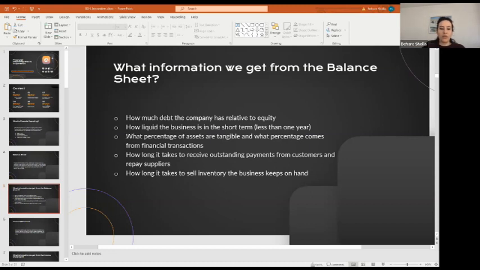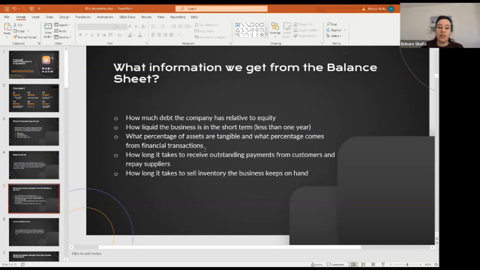Another important piece of information that we can get from the balance sheet is what percentage of assets are tangible assets and what comes from financial transactions. Here tangible assets means the objects, the machinery, the land, and everything that can be touched.